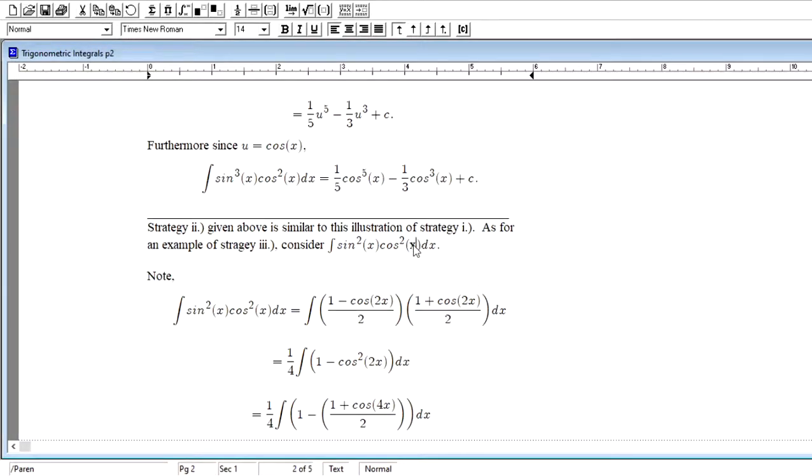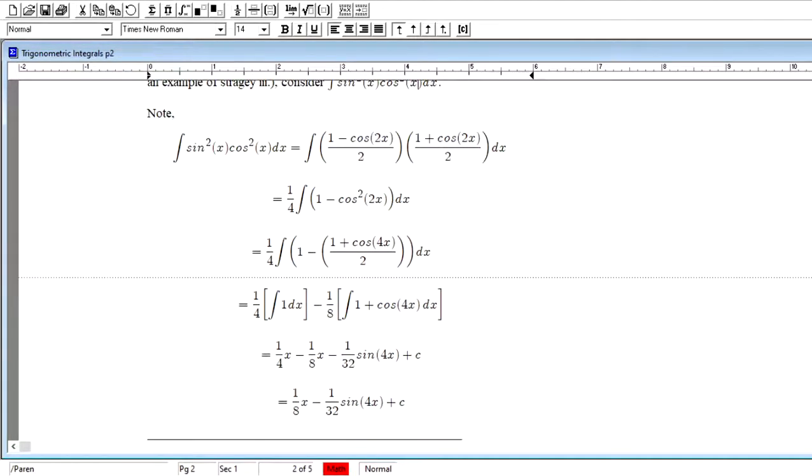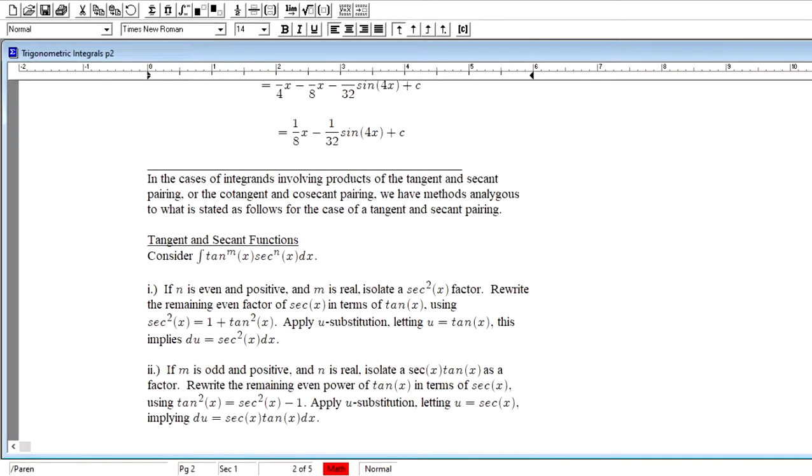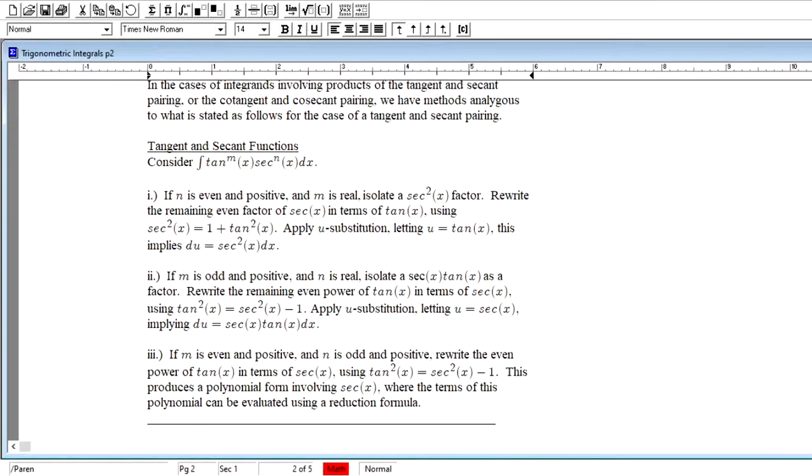I see one little error in there. We need to get that x back in there. That is what we see defined down below here.